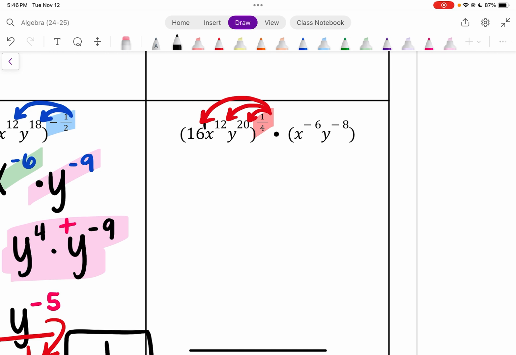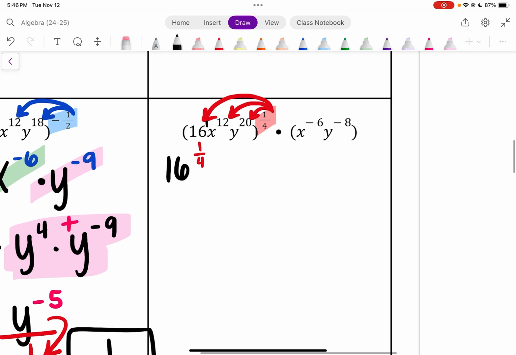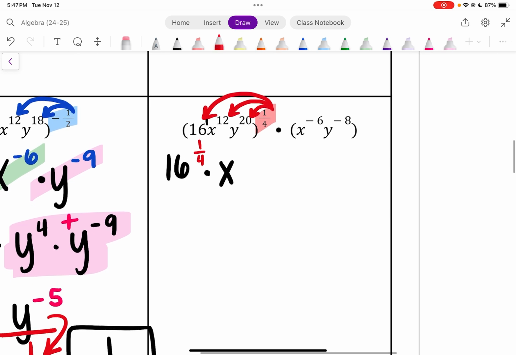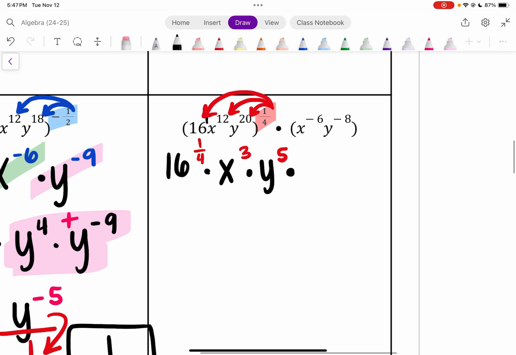So now what I have is 16 to the 1/4 times x. 12 times 1/4 is technically 3, times y. 1/4 of 20 is 5. Times, and I touched nothing on the right side, so x to the -6, and I'm just stretching it out to make it look easier, so that I can see everything that's going on.